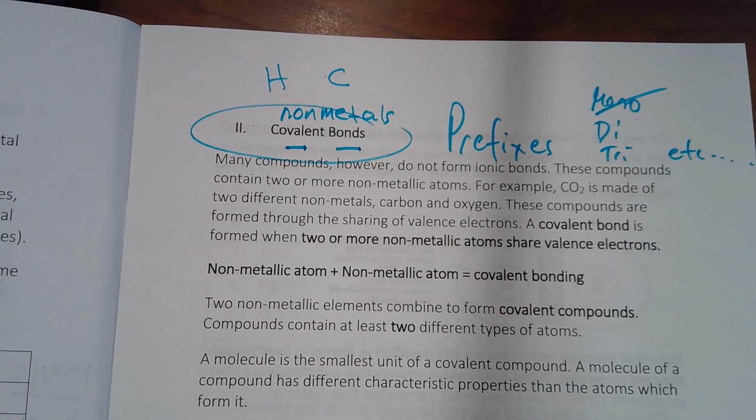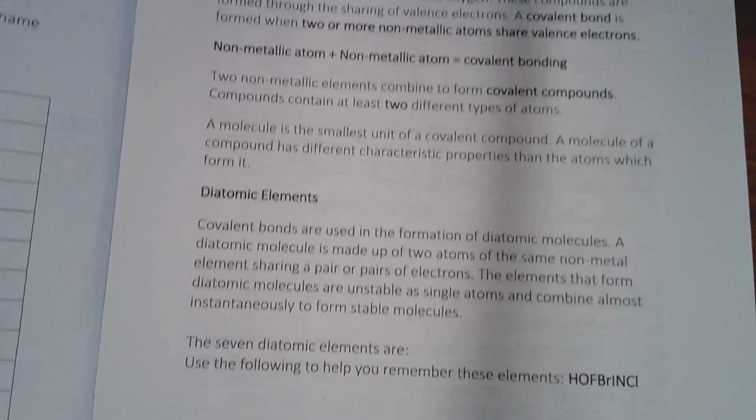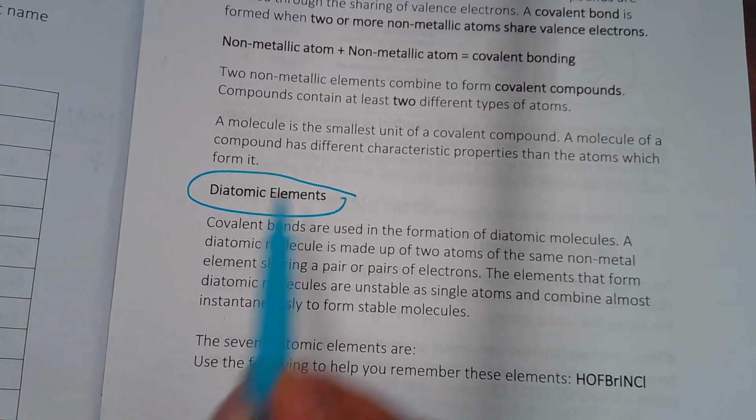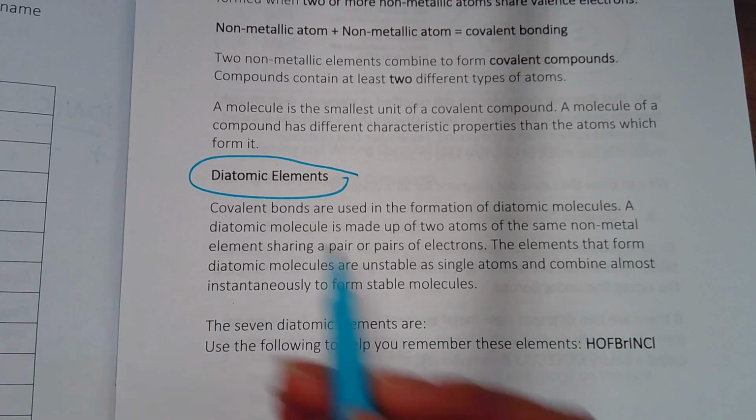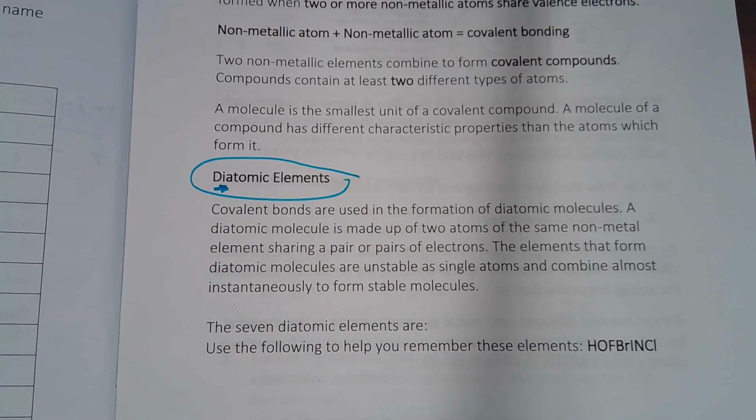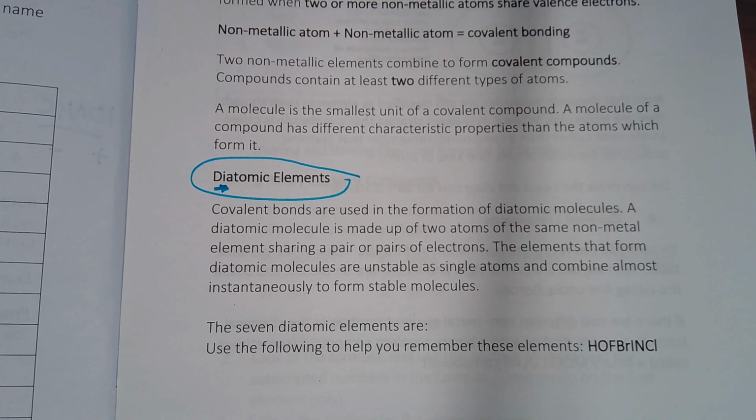Anything that has hydrogen or carbon, one or both of them, is automatically covalent, and then you'll have to use the di, tri, and so on. Now, some special elements are always partnered. They're called diatomic. Di means 2, right?